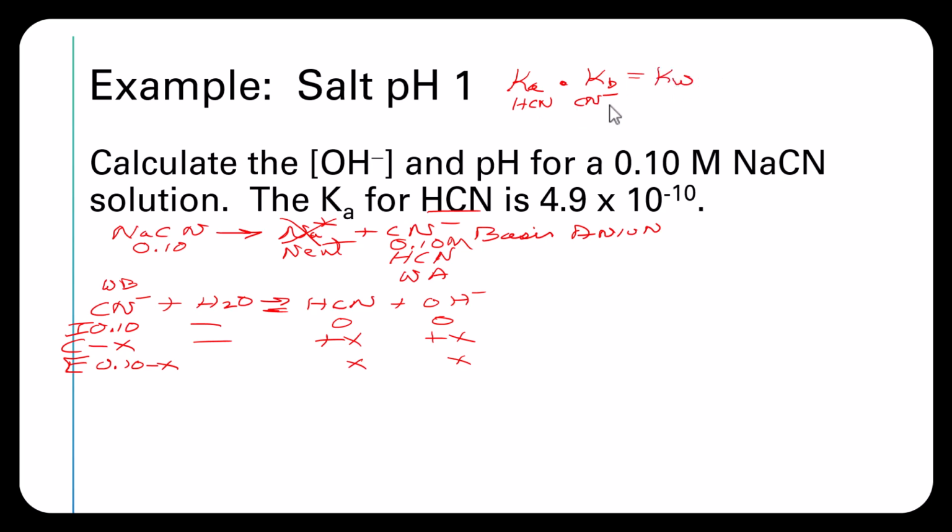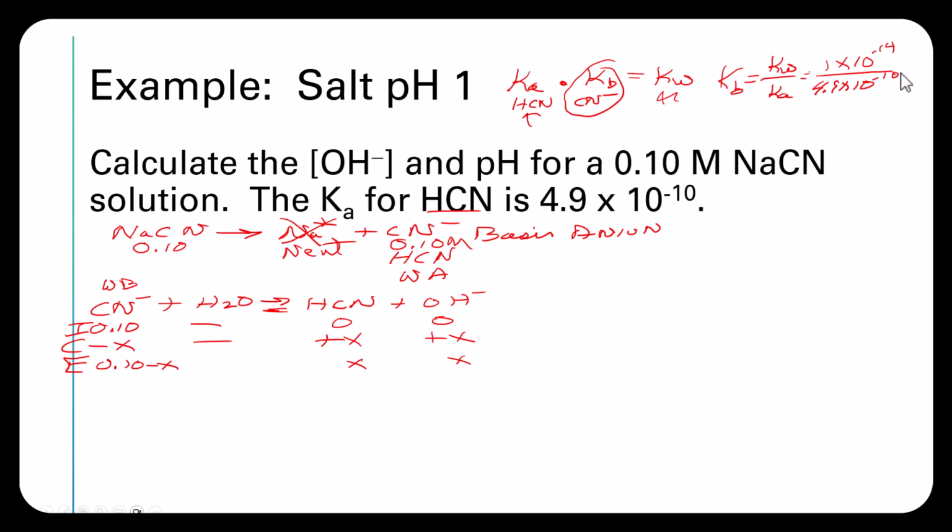So we need to solve for the Kb. We have the Ka, we have Kw at 25 degrees Celsius. So the Kb will simply be equal to Kw divided by the Ka that's given for the hydrocyanic acid. So that's going to be 1 times 10 to the minus 14, keep in mind that's only at 25 degrees Celsius, divided by 4.9 times 10 to the minus 10.